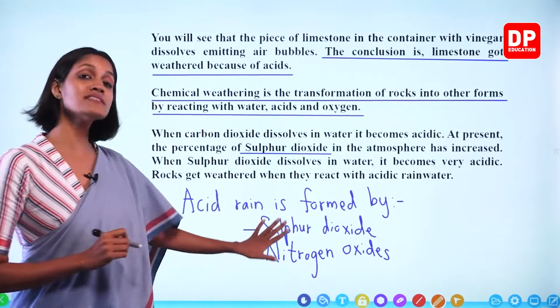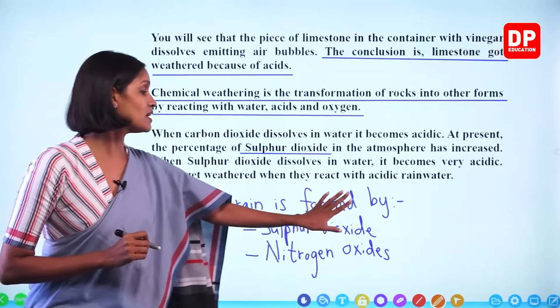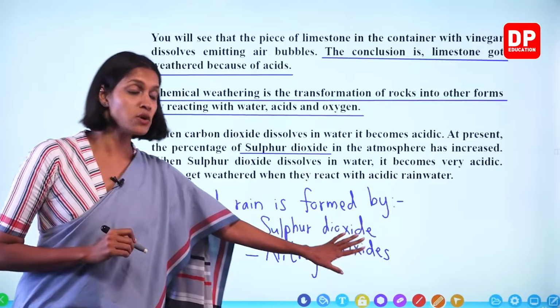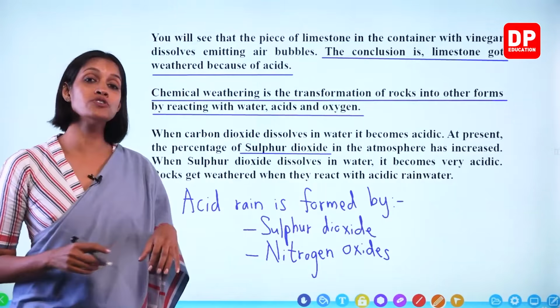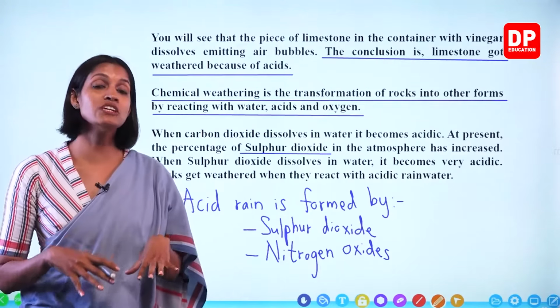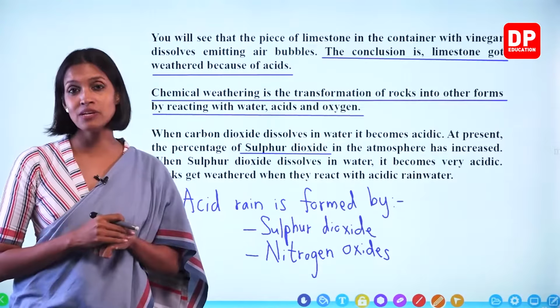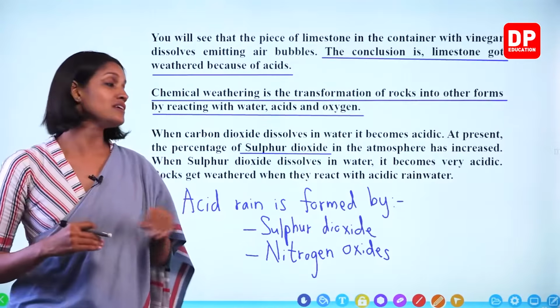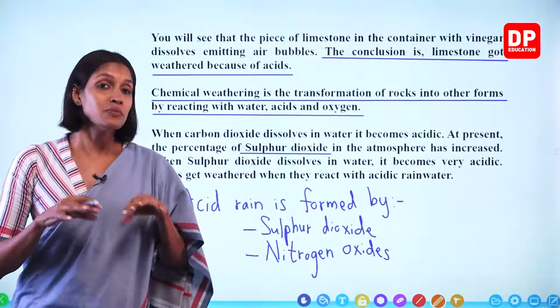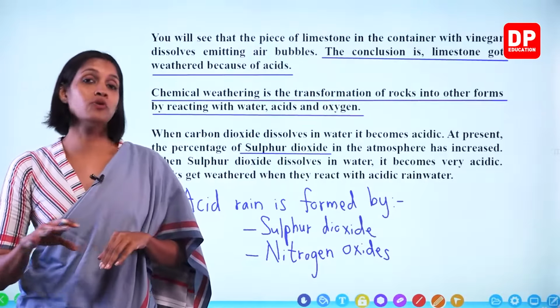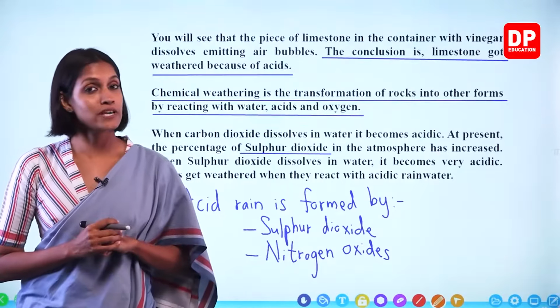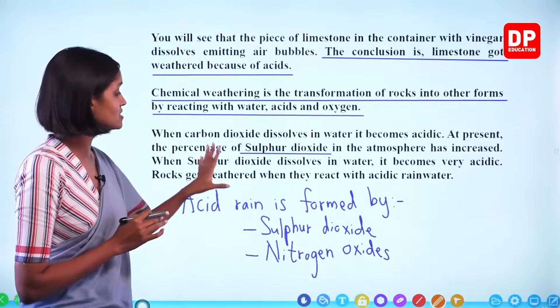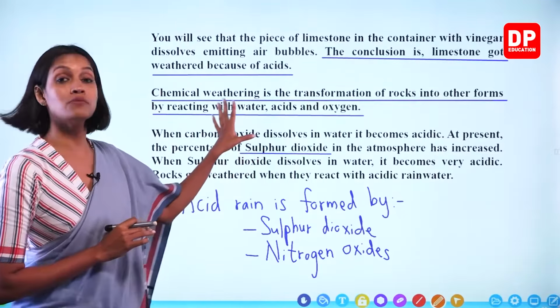When these gases dissolve in rainwater, rainwater becomes acidic. When this acid rain falls onto different rocks, especially the rocks with calcium, they react with these acids and break down over a long period of time. Okay, children, so this is how acids can cause rock weathering.